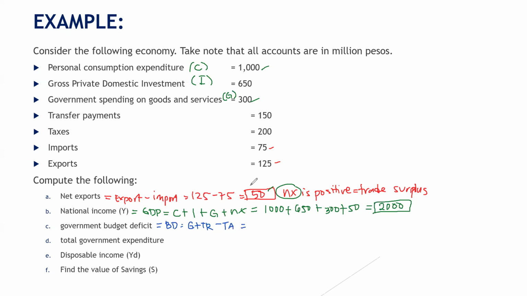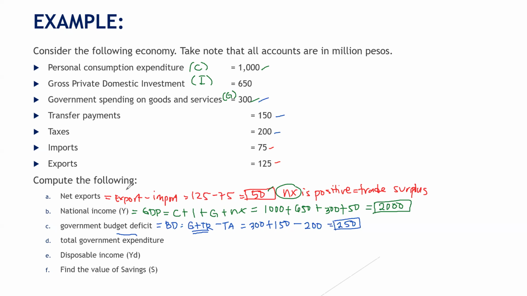So on this given, our government spending of goods and services is 300 plus the transfer payments, we have here 150, minus the taxes, 200. So our budget deficit here is 250. So it's deficit, budget deficit, because as you notice, the total government expenditure as measured by G plus TR, which is equivalent to 450, is higher than the taxes earned by the government.